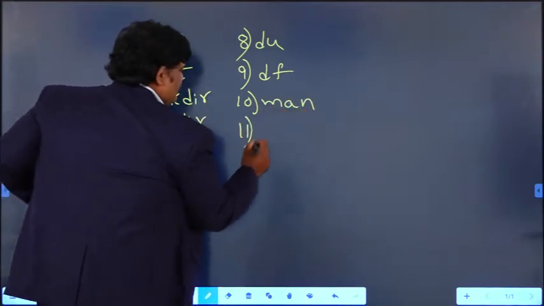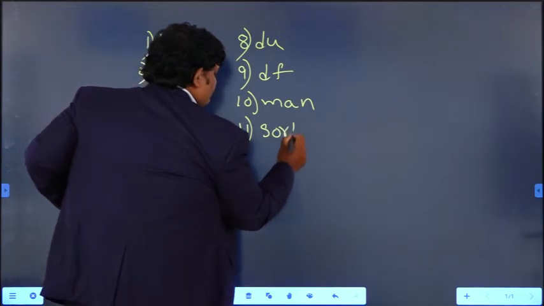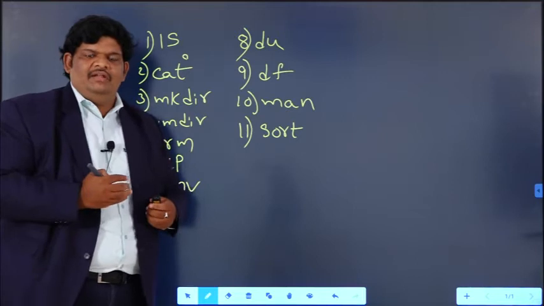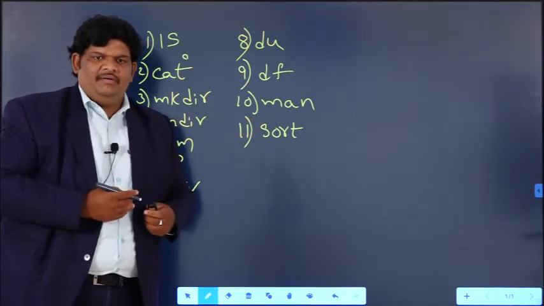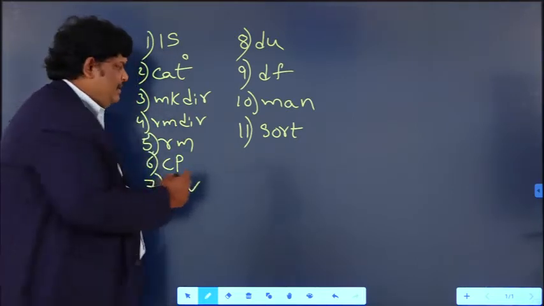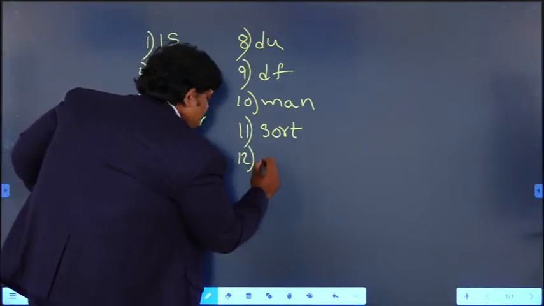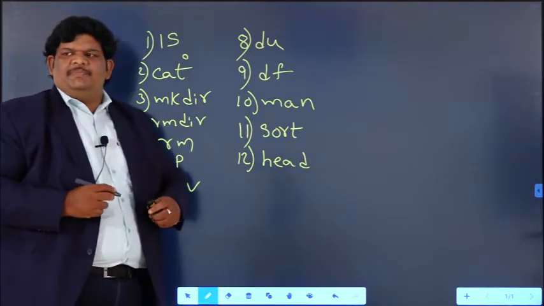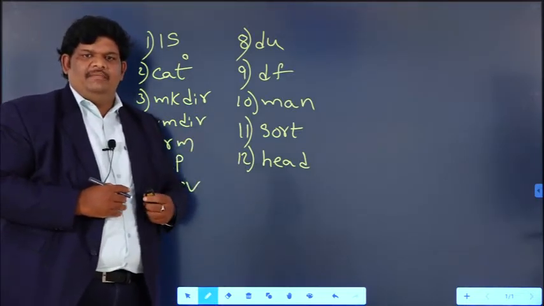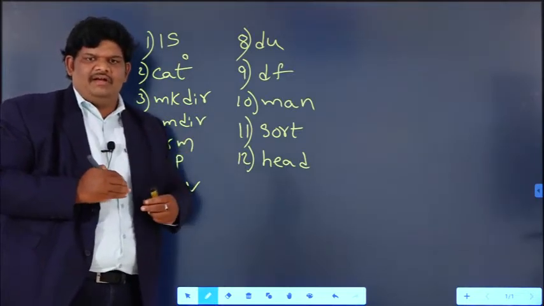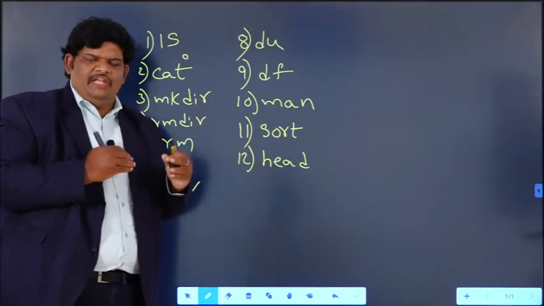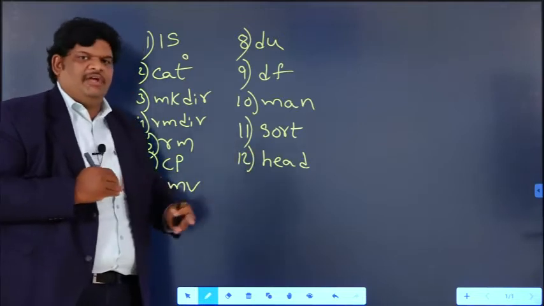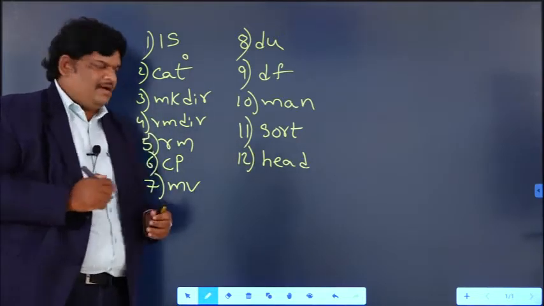And the sort command, to sort the content present in a file in alphabetical order. Next, the head command, to display the top 10 records of a file. For example, if a file contains 100 records and you want the top 10, the default is 10 rows, so with the help of the head command we can see the top 10 records.